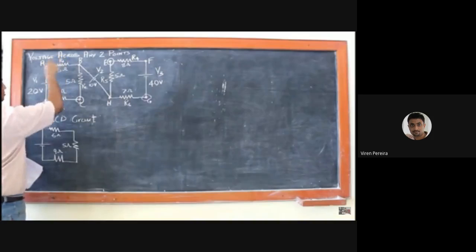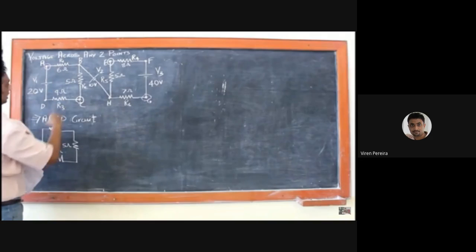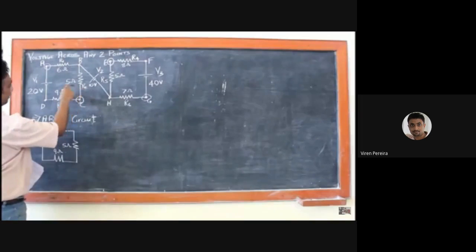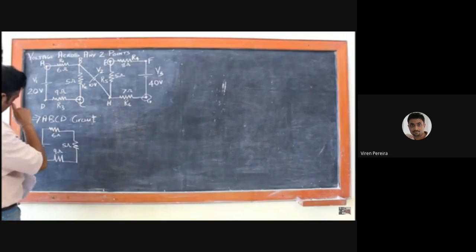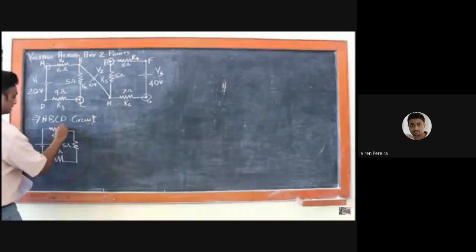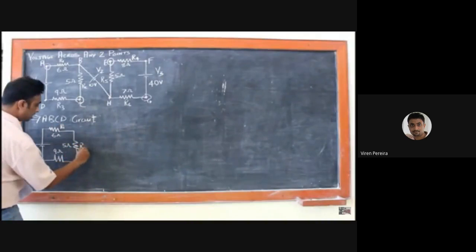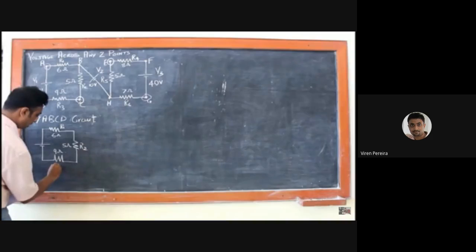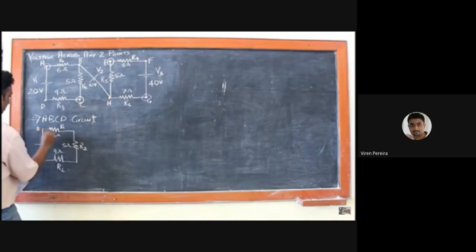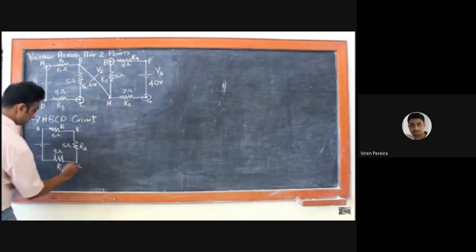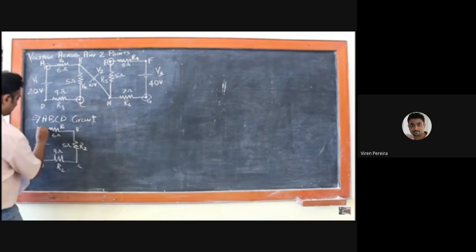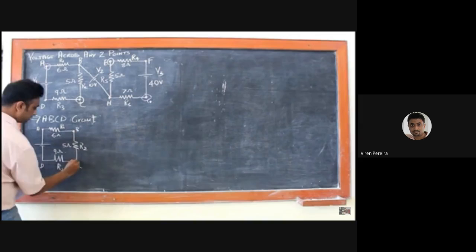My 6 ohms is considered as R1, my 5 ohms is considered as R2, and my 9 ohms is considered as R3. And obviously with A, B, C, and D, which are my points.